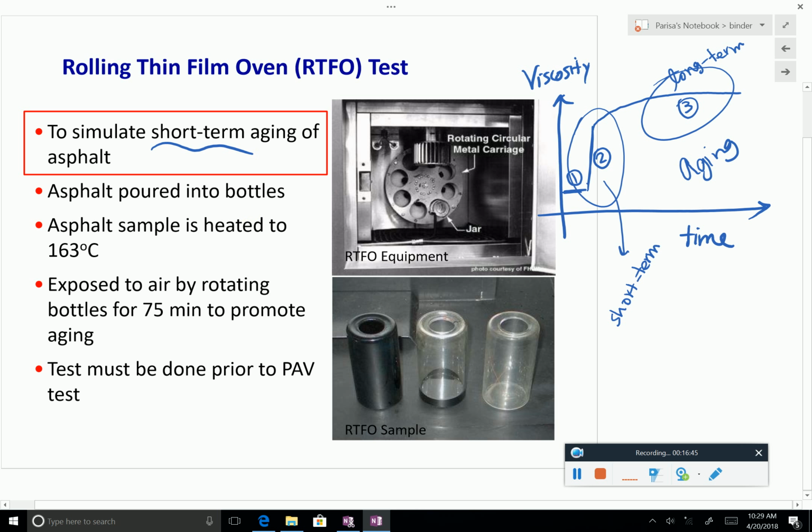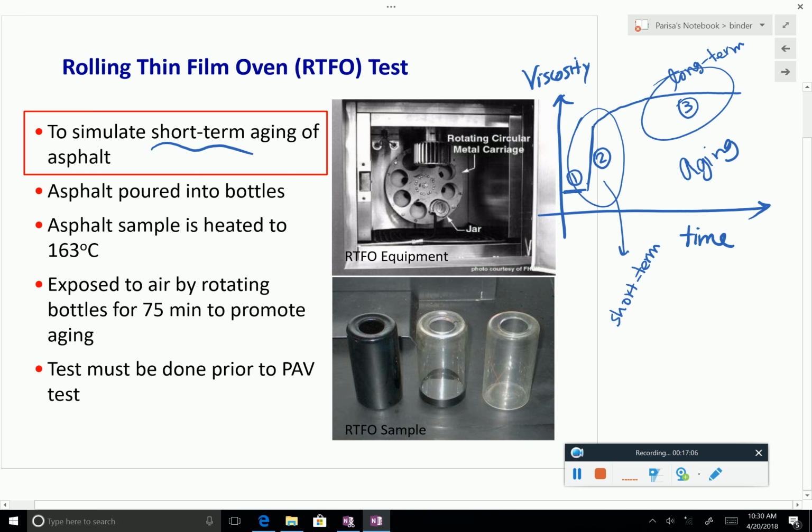So what do you do? You pour the material into some tubes, heat it up quite a bit, and then you expose it to air for 75 minutes. And this is kind of an accelerated aging. You want to see what happens to viscosity, and then you measure viscosity afterwards.